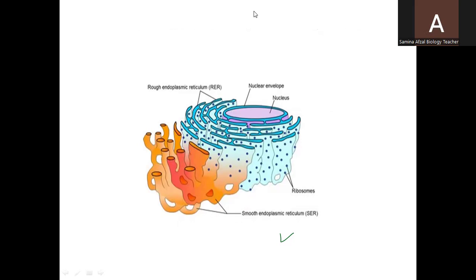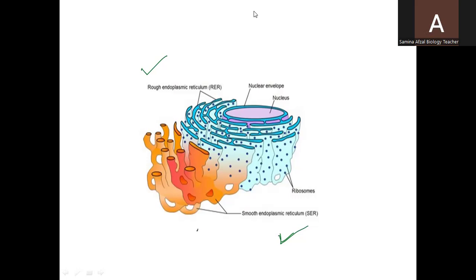They originate from the nuclear envelope, and then you can see rough endoplasmic reticulum and smooth endoplasmic reticulum. Rough endoplasmic reticulum is rough because ribosomes are attached to it. Due to the presence of these ribosomes, it looks like a rough structure, because the ribosomes are involved in protein synthesis.